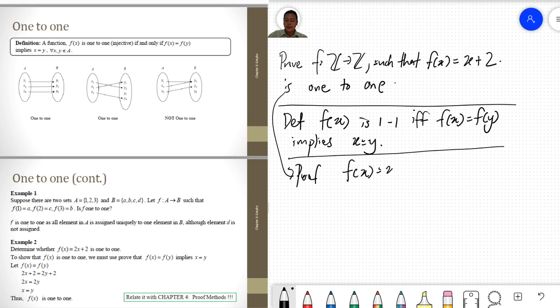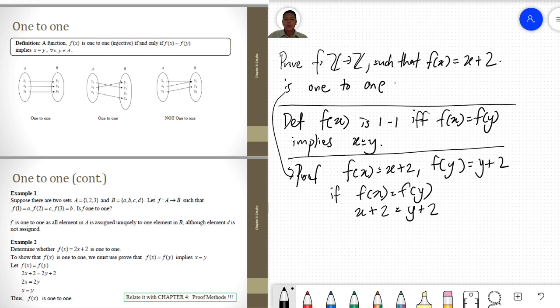f(x) equals x plus 2, and f(y) is y plus 2. If f(x) equals f(y), it means that x plus 2 equals y plus 2.